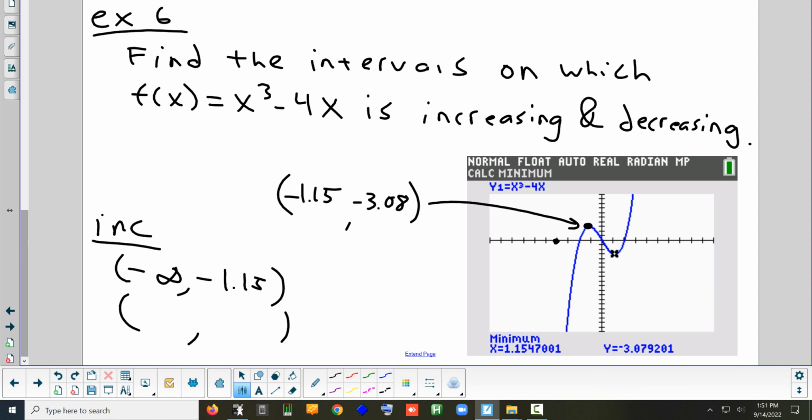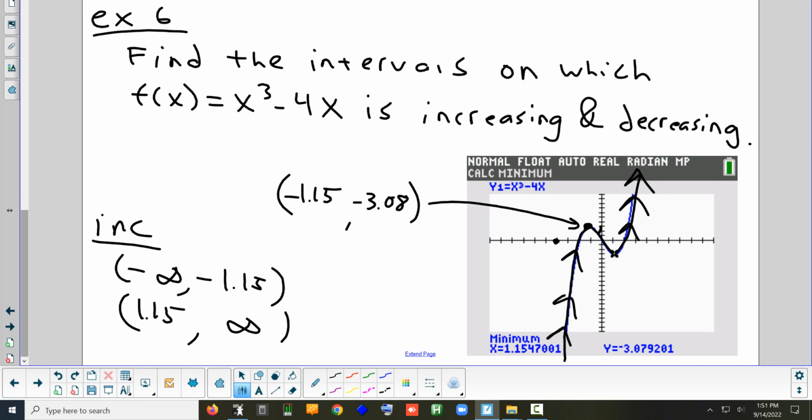Is it 1.15? Yes, you always use the x value when you describe an interval. So if you pick an x value from 1.15 up as high as you want to go, that would put you on this section, which is increasing, and the first one puts you on that section. So this is increasing, that's increasing.